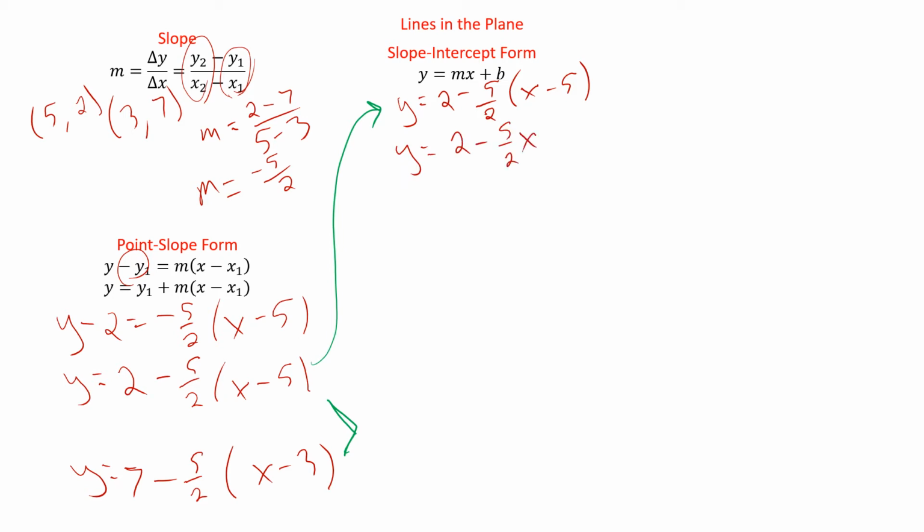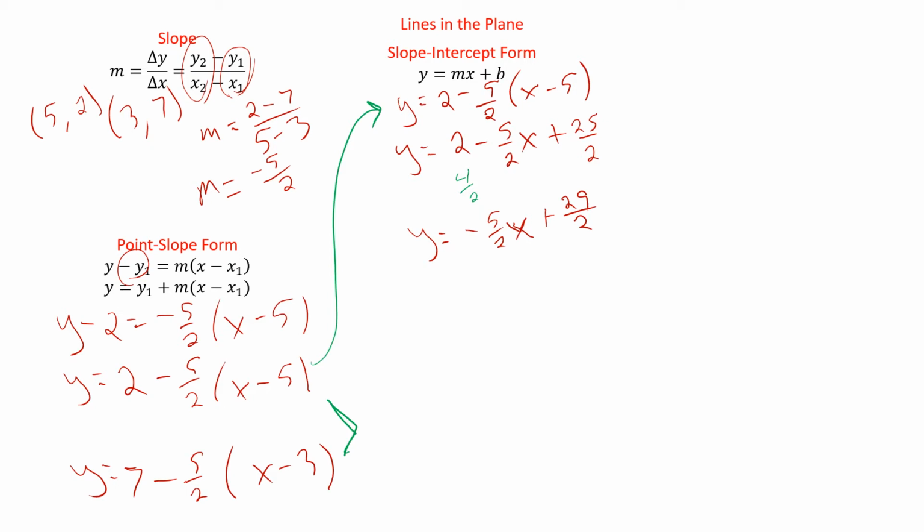And then when we distribute, that negative and negative gives us plus 25 halves. Combine our like terms. 2 could be rewritten as 4 halves. 4 halves plus 25 halves will be 29 halves. We have negative 5 halves x plus 29 halves. And that would be the slope-intercept form.